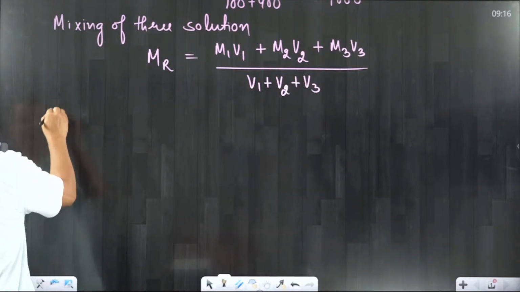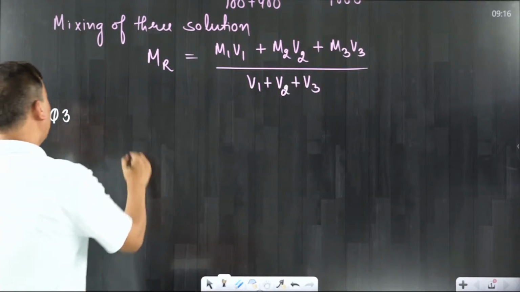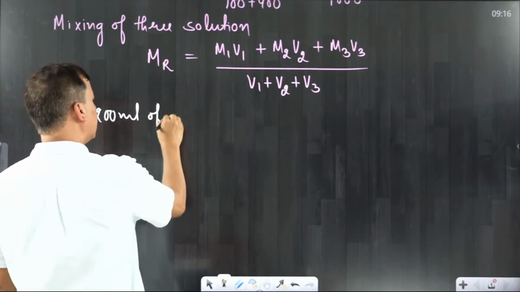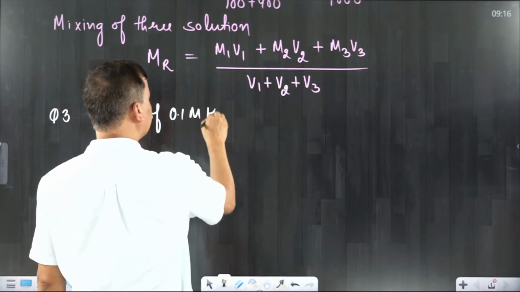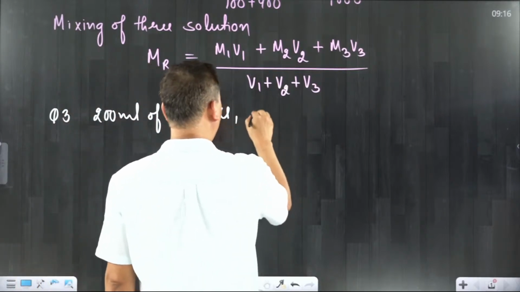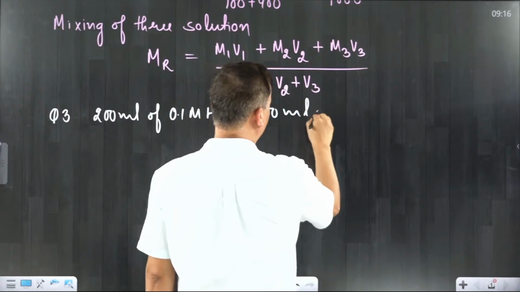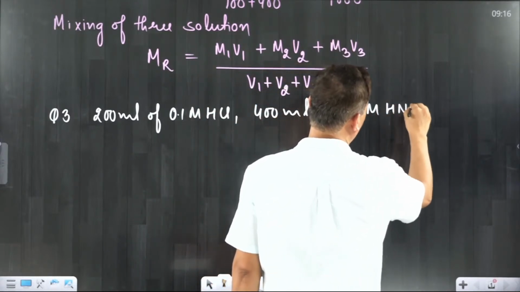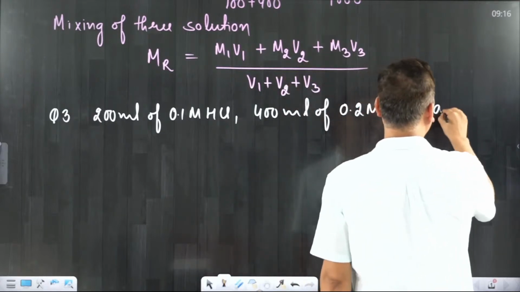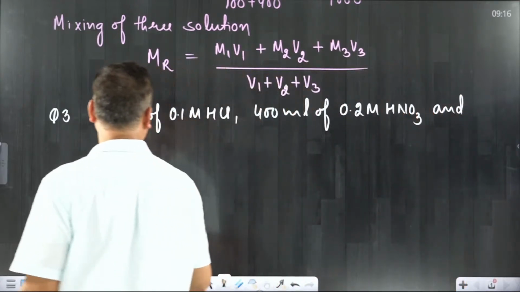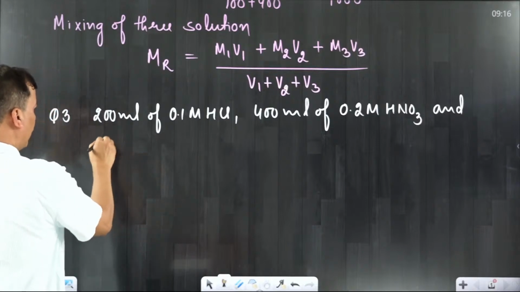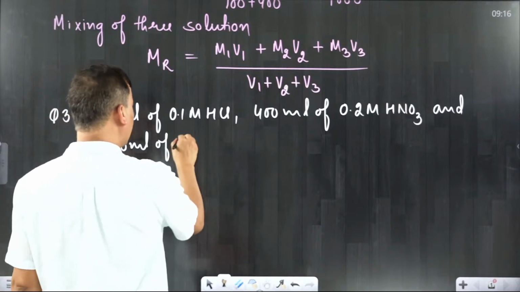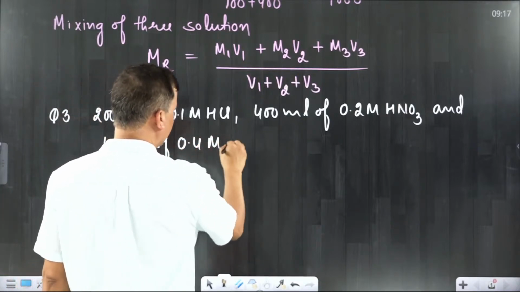That is question number 3 or 4. Here is 200 ml of 0.1 molar HCl, then 400 ml of 0.2 molar HNO3 and 400 ml of 0.4 molar HNO3.